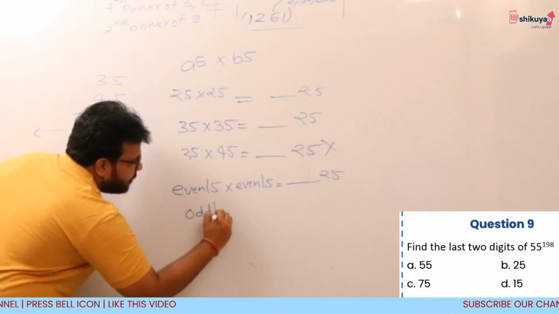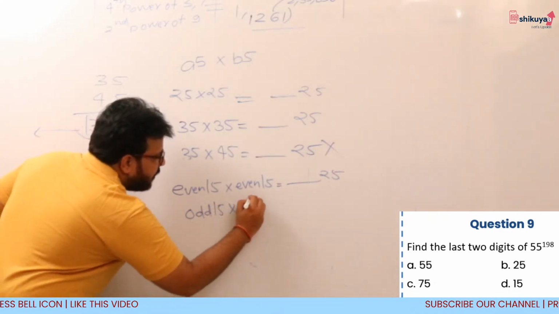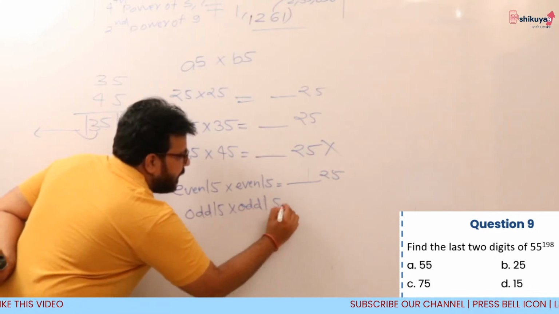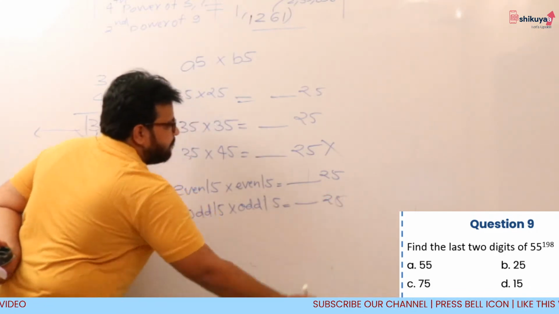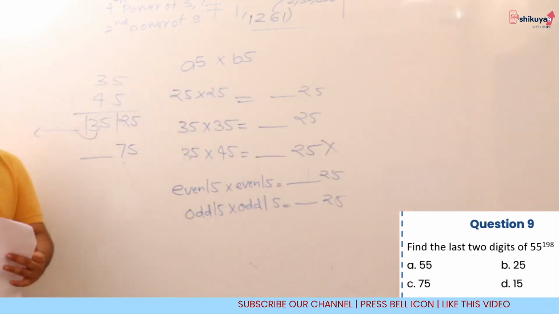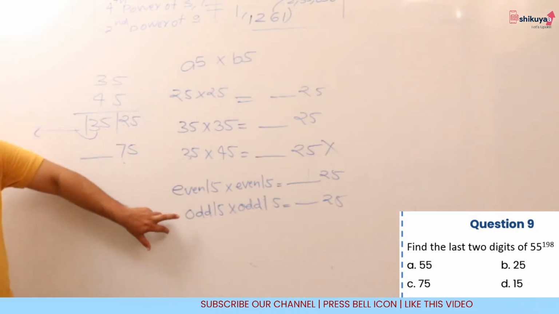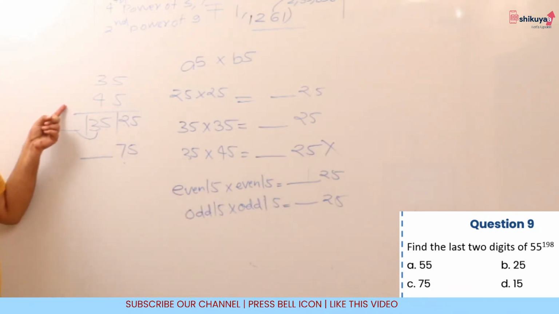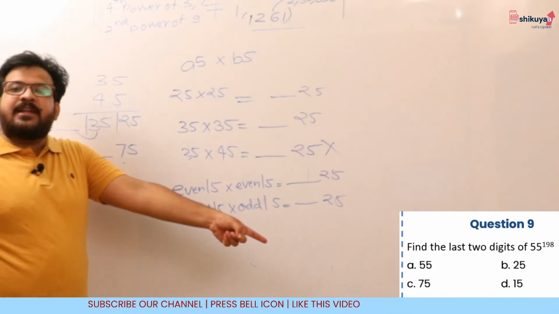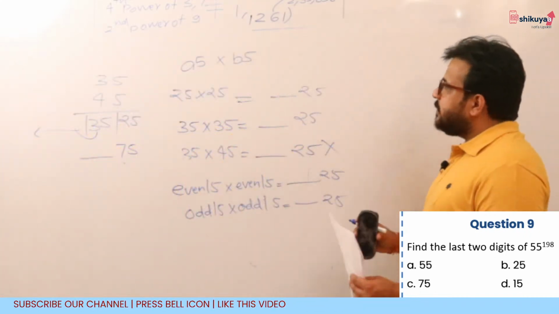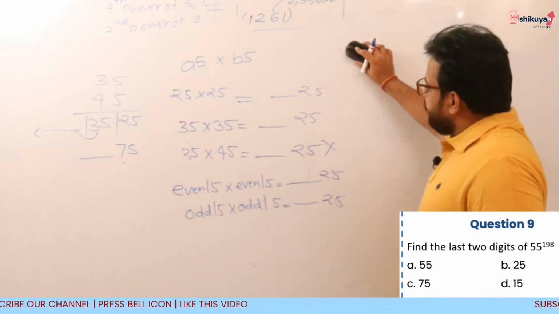Odd 5 into odd 5 ends in 25. But even 5 into odd 5, the way we have done it, always ends in 75. Are you getting my point? Everybody in the session, can you understand this?